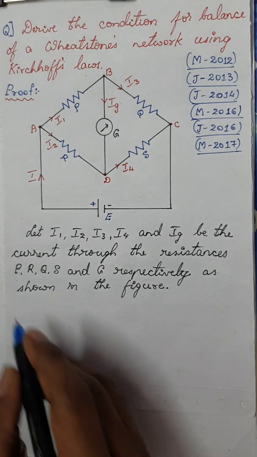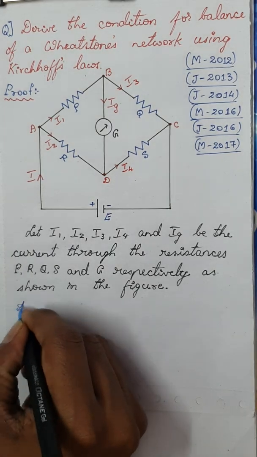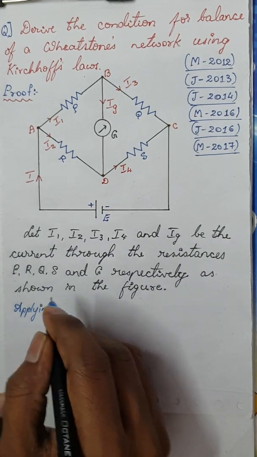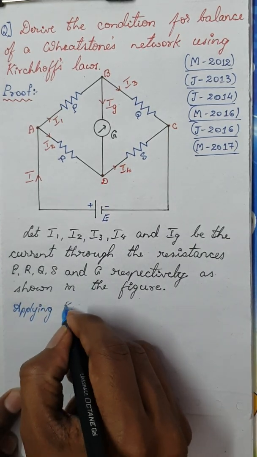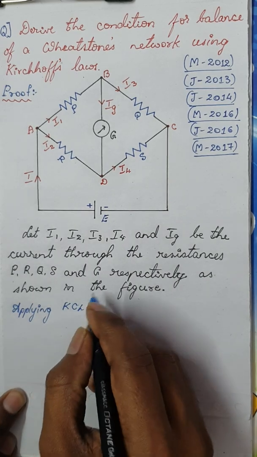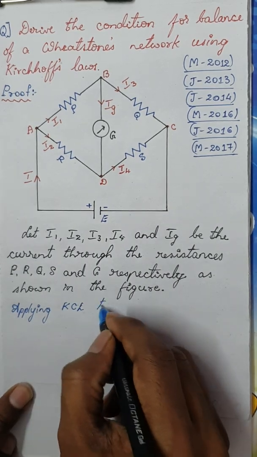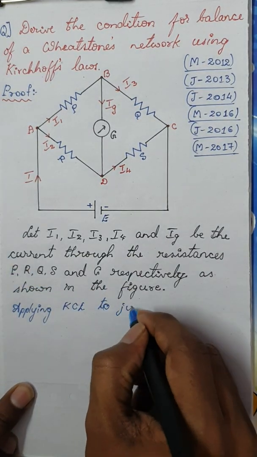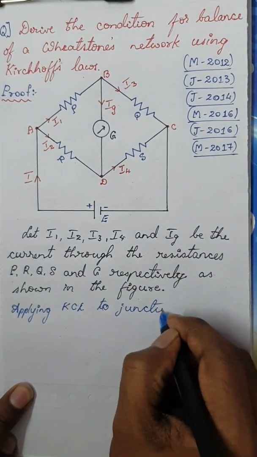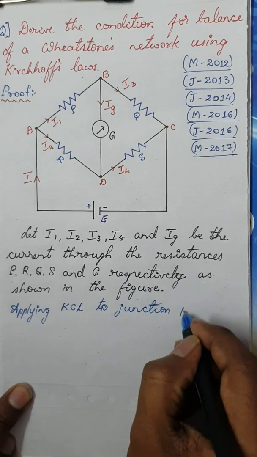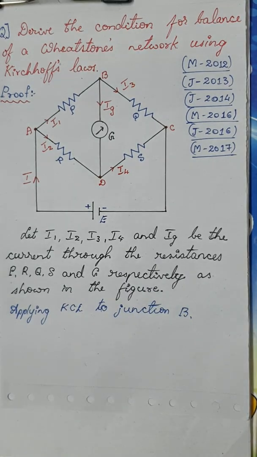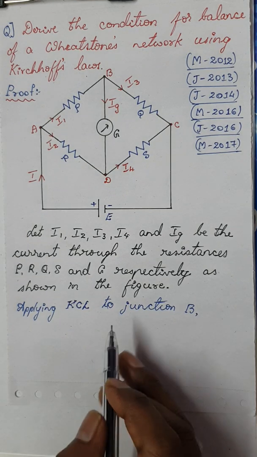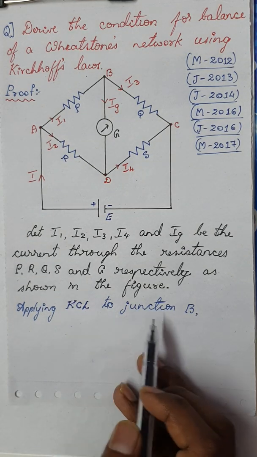First step is, remember, applying KCL, that is Kirchhoff's current law, to junction B. First we will apply KCL to junction B. What happens if we apply KCL to junction B? So what does KCL say? Sigma I is equal to 0.